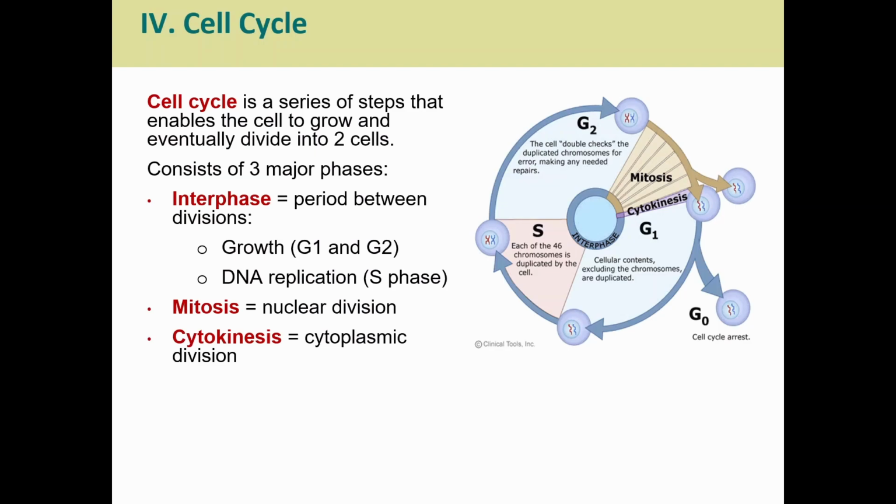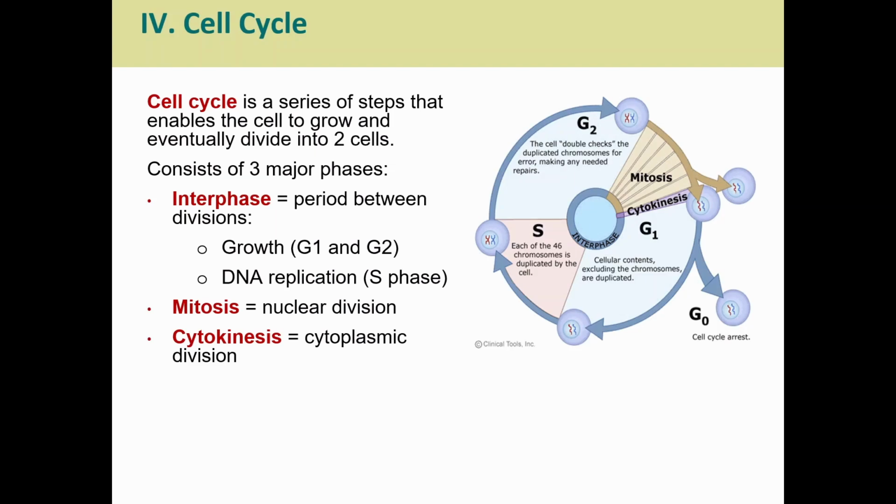It's important to note that how much time you spend in these phases, and if you go through these phases or when you go through these phases, can vary depending on the type of cell you are. So something like a skin cell will go through this relatively quickly so that you can create more skin cells as you lose them through your epidermis. And you'll go through cytokinesis to do that on a regular basis.